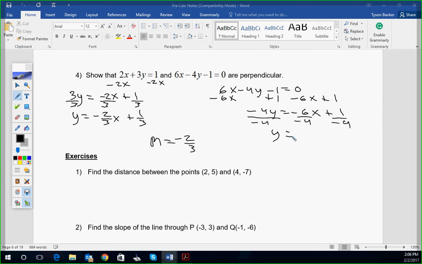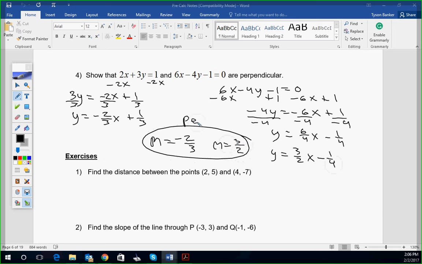Negative over negative is a positive. 6 over 4 minus 1/4. 6 over 4 can reduce to 3 over 2. So they are perpendicular. Okay? All right, so we'll stop that one there.